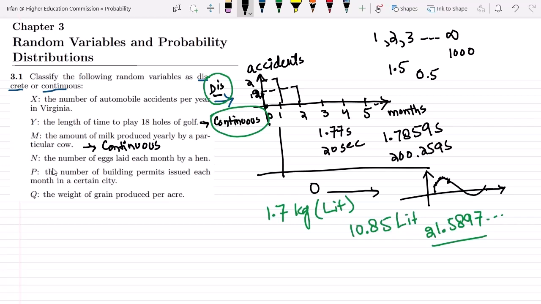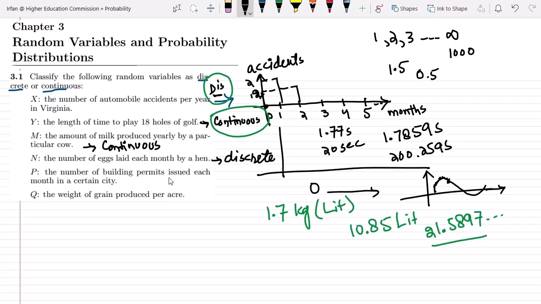Similarly, the number of eggs laid each month by a hen. We can see here that the number of eggs cannot be 1.5, 1.6 or any numbers composed of decimal values. These would be 1, 10, 2, 5. So this is again a discrete random variable. Next, the number of building permits issued each month in a certain city.